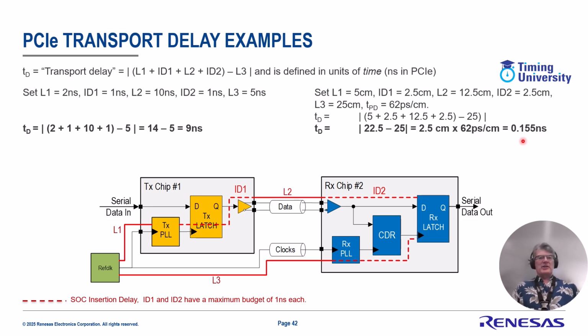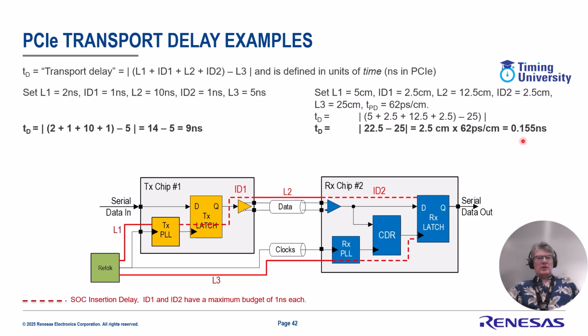Again, much less than the 12 nanosecond spec, and so it's all okay. If you have a situation where you've done your math on your system and you have a transport delay that's bigger than 12 nanoseconds, you just plug it into the equation and solve your value. And as long as you're underneath the limit for PCIe jitter, you're going to be fine. But you need to change from the default of 12 and plug it in.